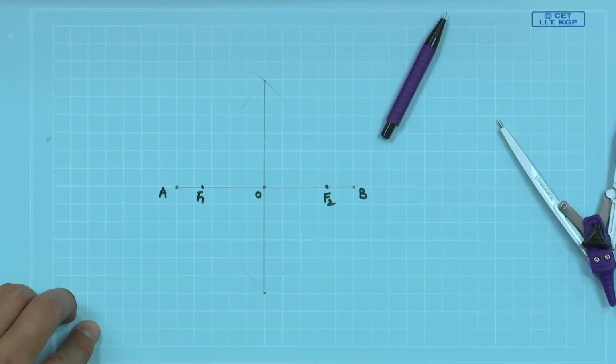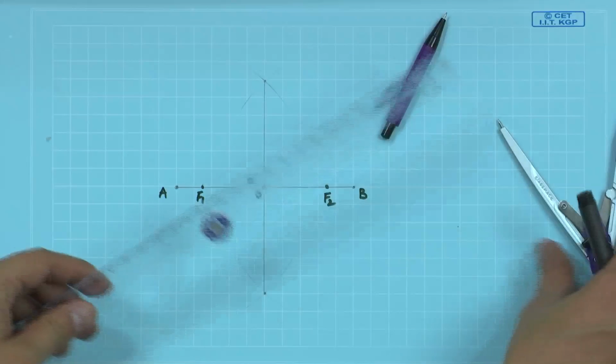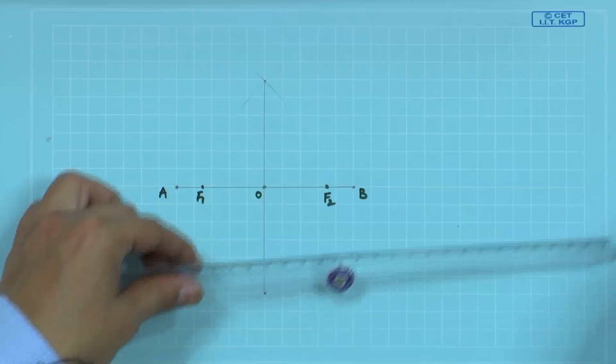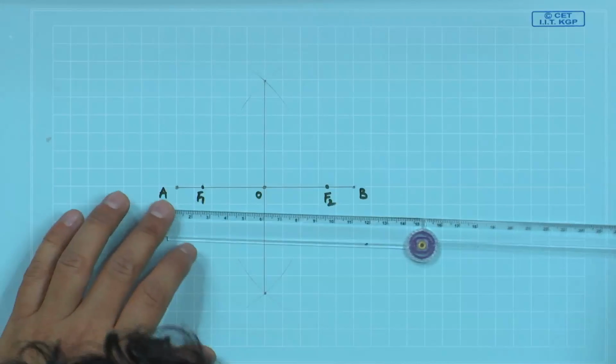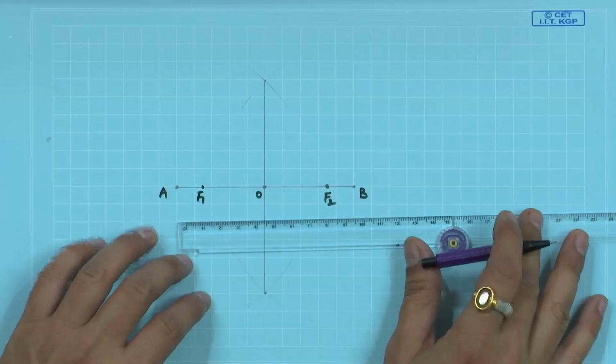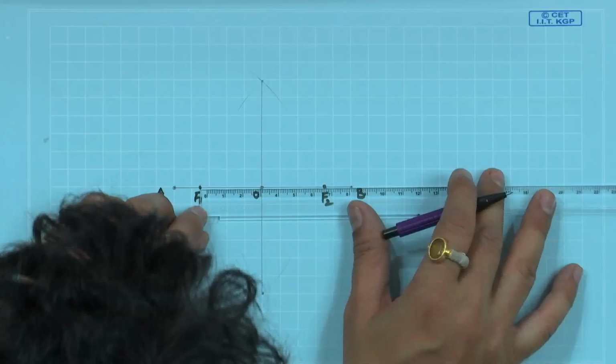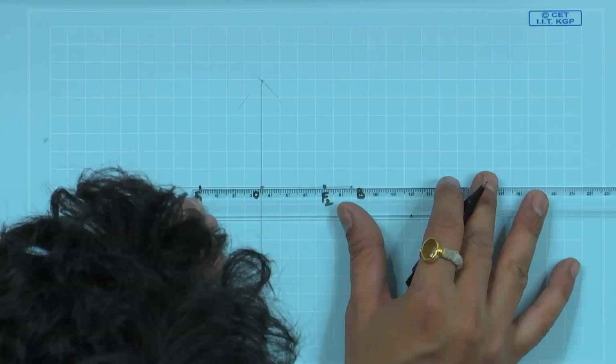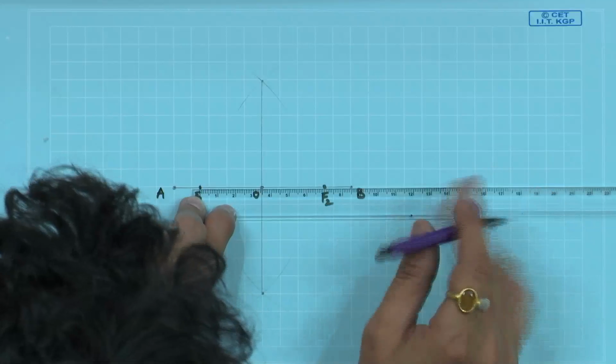After that, we have to take distance A to 1. For that, we can take arbitrary or equal divisions. Let us take equal divisions. So, it is 35 mm, and we will mark after every 7 mm. So, 35, 7 5s are 35.